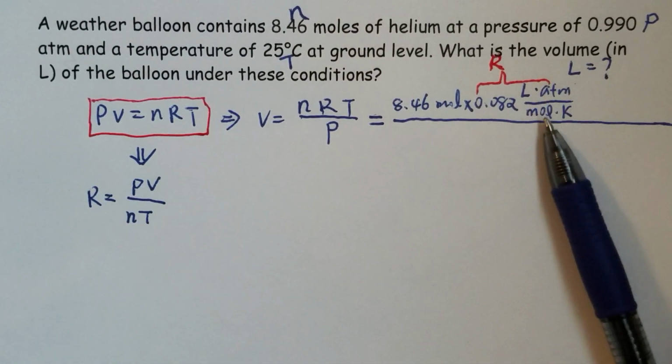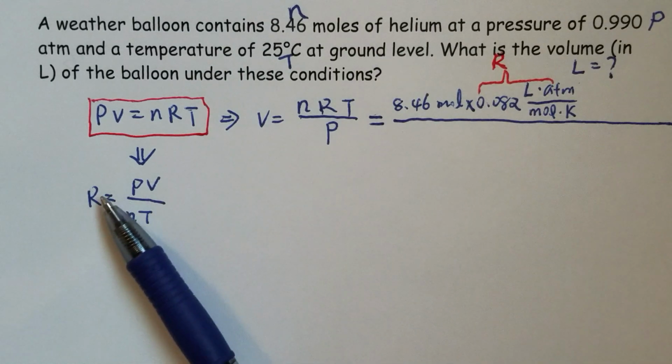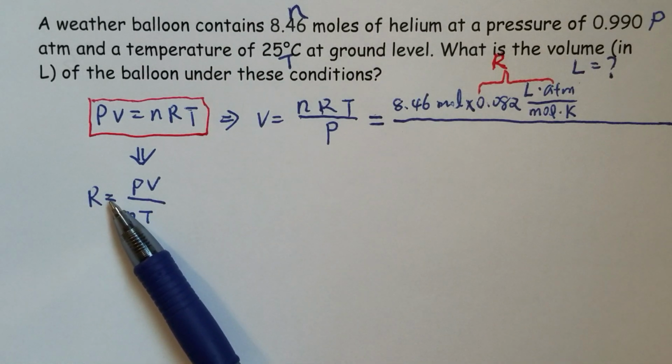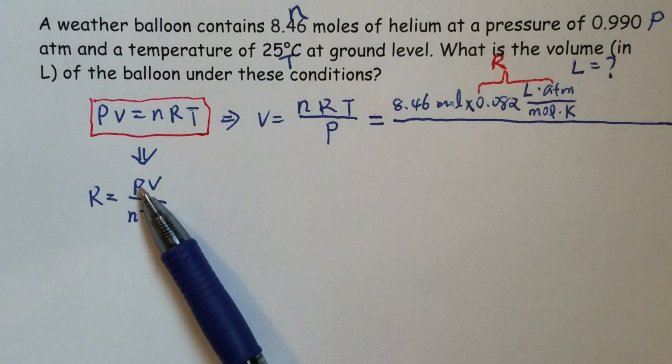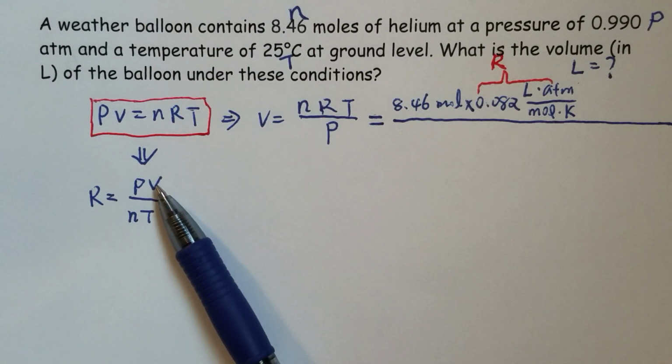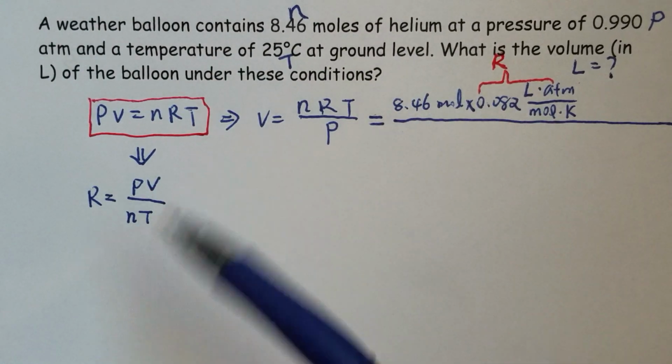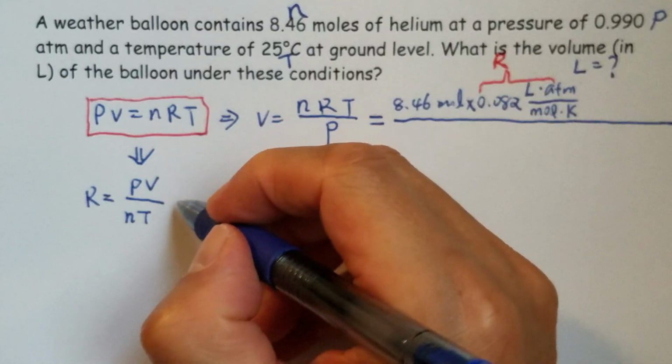That's why you use different units. But in this case right here, you see, okay, R, the units should carry volume, liter, or in this case, we just go with this order.